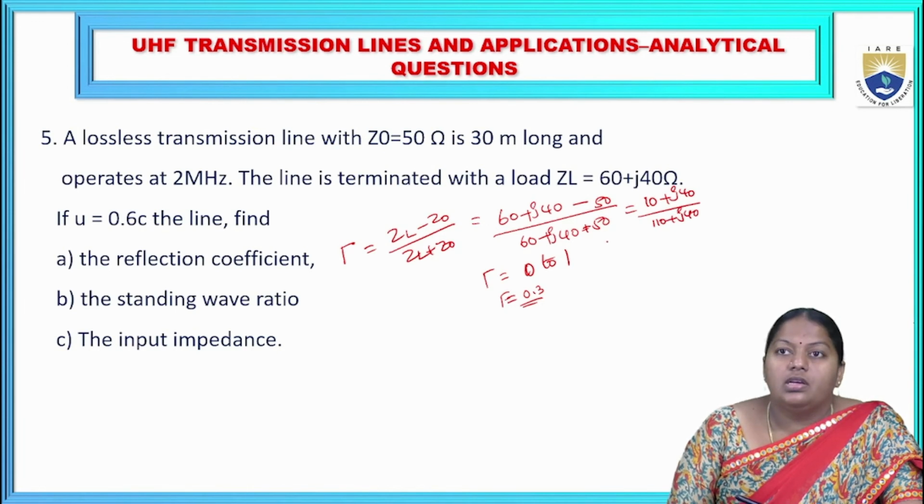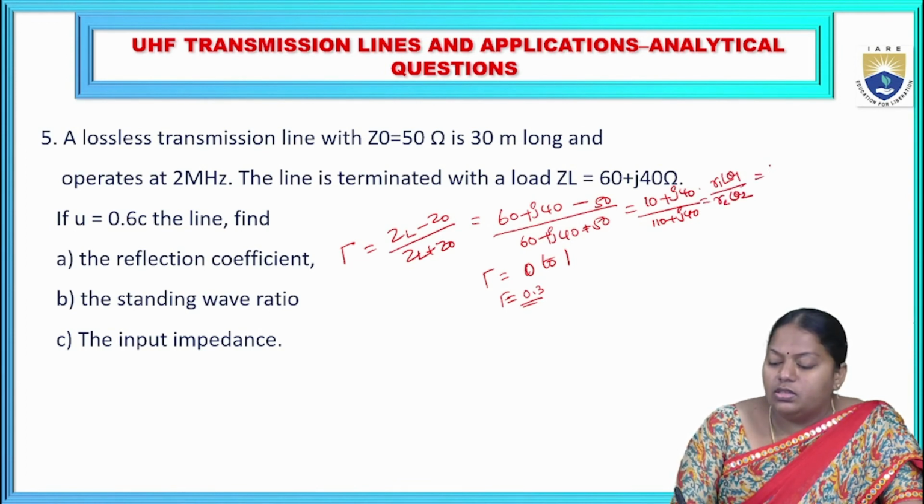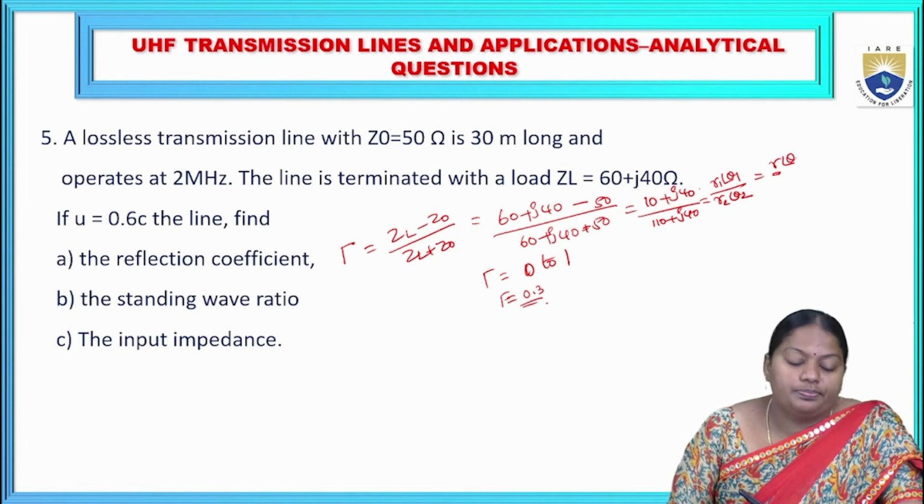To find the magnitude of this, we need to transform the rectangular form into polar form, converting R1 at an angle of theta 1 by R2 at an angle of theta 2, to get R at an angle of theta. This R is generally considered the magnitude of gamma.